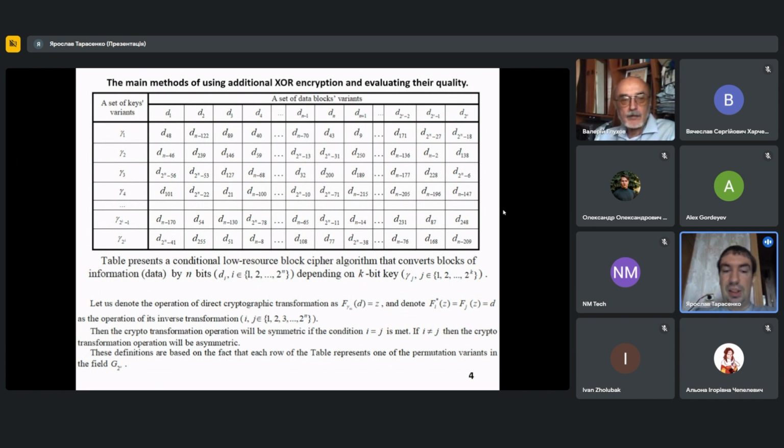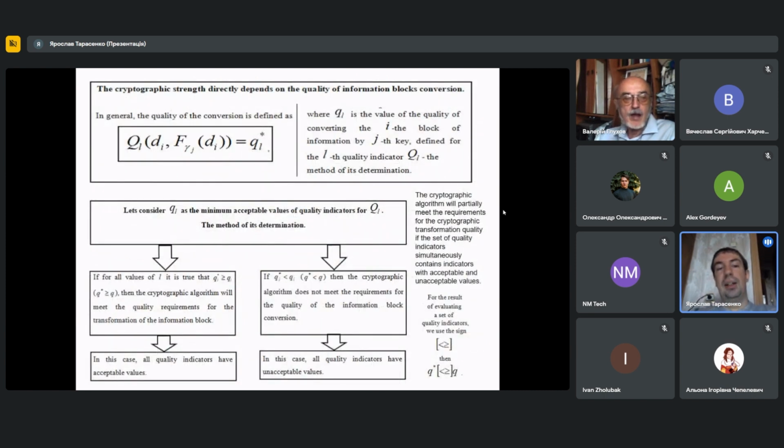And then the crypto transformation operation will be symmetric if the condition E is equal to J. And if E is not equal to J, then the crypto transformation operation will be asymmetric. These definitions are based on the fact that each row of the table represents one of the permutation variants in the fields of G.